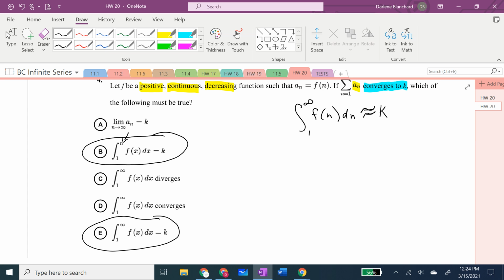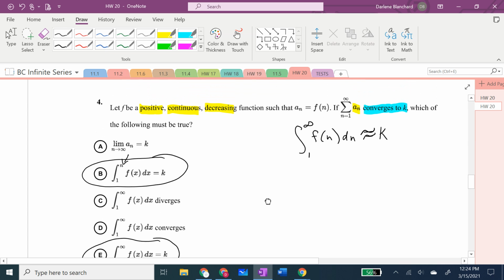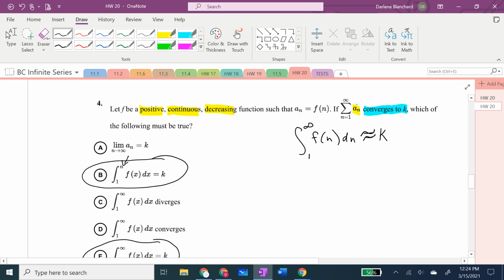So you know that if your integral converges, then your sigma also converges, and vice versa. That is an if and only if situation.